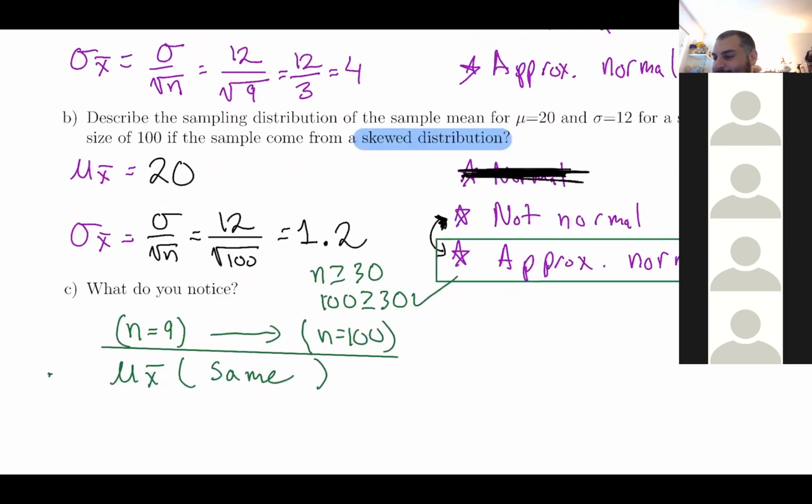What about our sigma of x bar? What happened to our sigma of x bar as we increase the sample size? Did it remain the same? Did it increase or did it decrease? Decrease. Yeah, decrease.